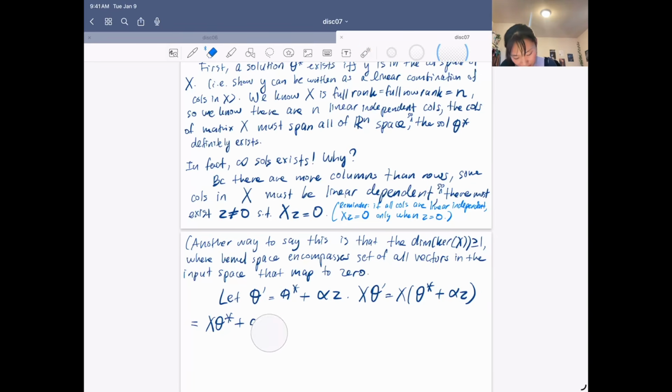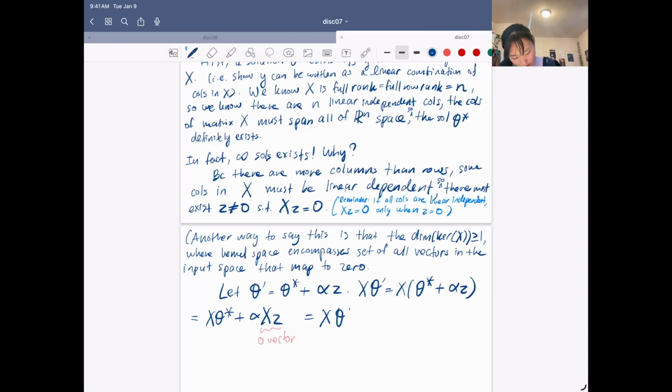My bad, this should be alpha Xz. There we go. So we have X theta star plus alpha Xz, and Xz maps to the 0 vector, right? So this whole term is essentially the 0 vector, and what that means is this whole thing is equal to X theta star.